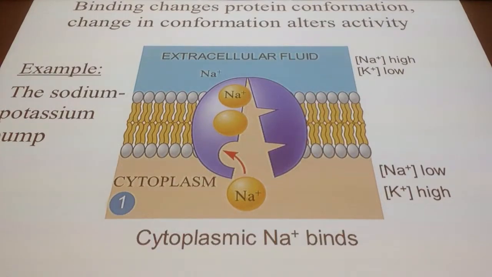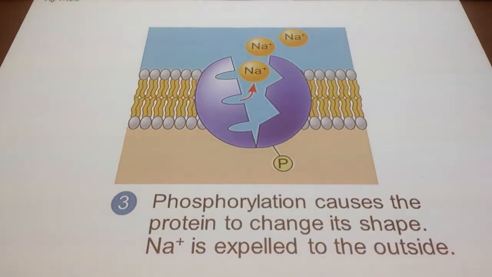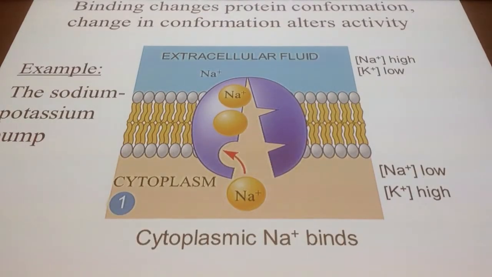It's not empty in the middle. It's actually solid. So what happens is that this right here has to grab the sodium ion from this side, stuff it in here, and then open up to release it, because it's not empty in the middle. Does that make sense?